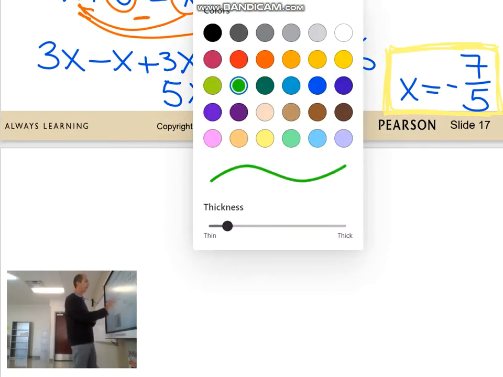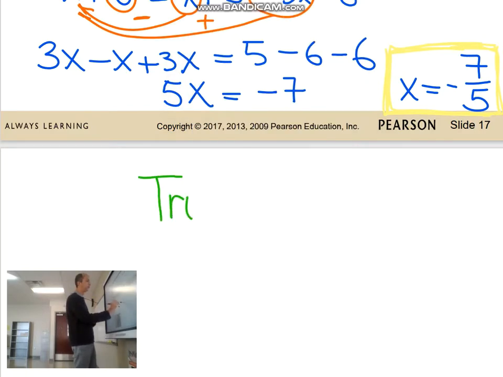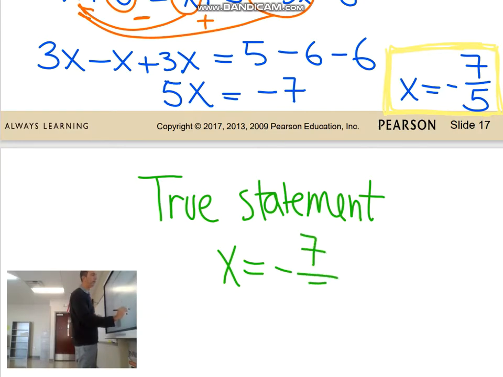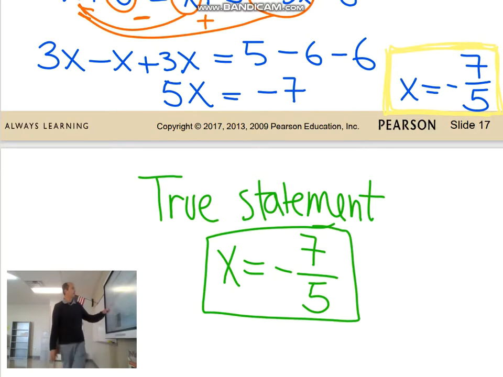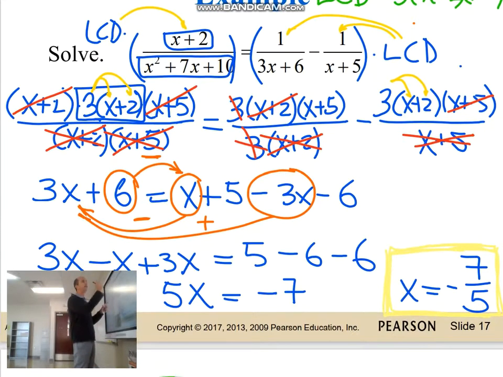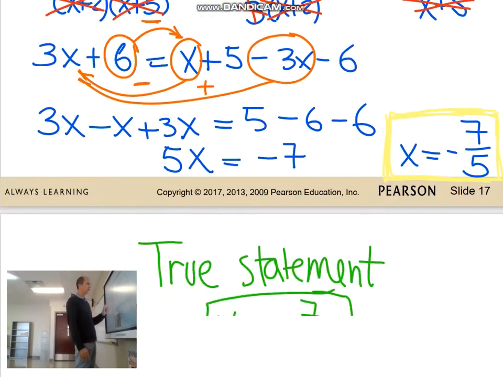After you do that, you will find out it produces a true statement. And you can say yes, x equals negative 7 over 5. Right? You can do by yourself. This is your homework today, is to find and check if x equals negative 7 over 5 is really a solution for the original equation.